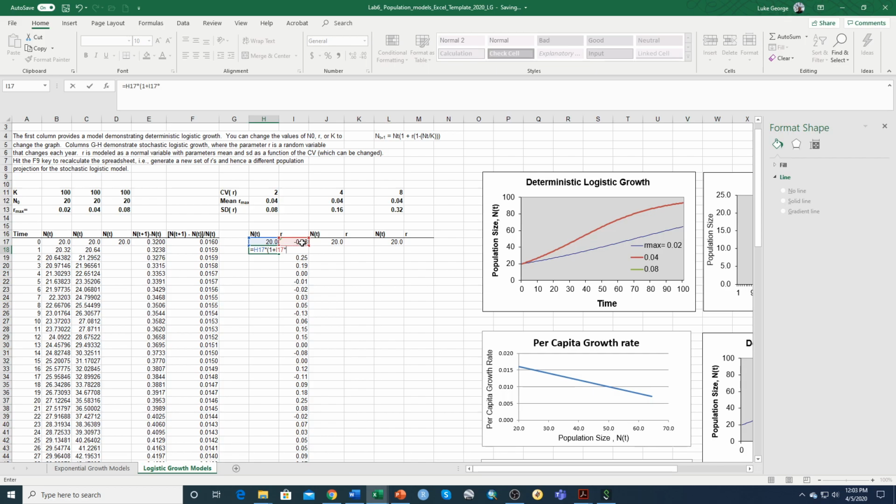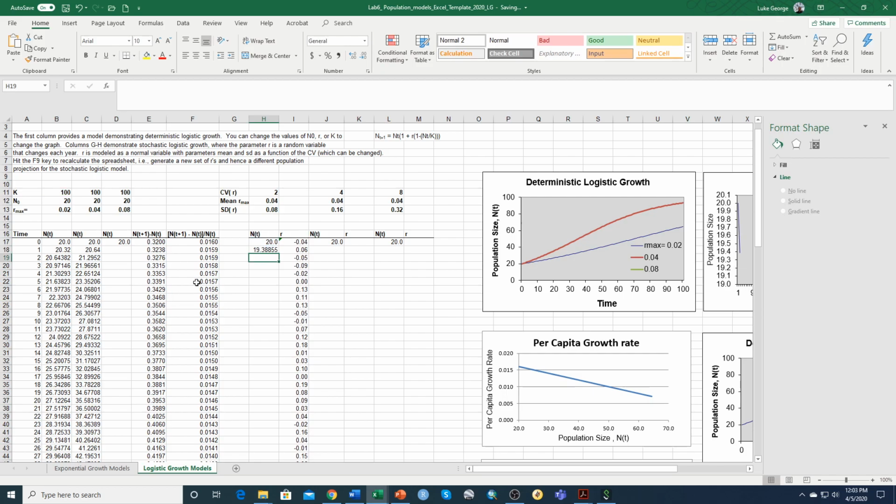And now we multiply that times parens 1 minus, another parens value in the previous time step divided by k. And again, this is the only value that we want to stay constant as we copy this down. So now I got to make sure my parens match. 1, 2, 3. That looks right.